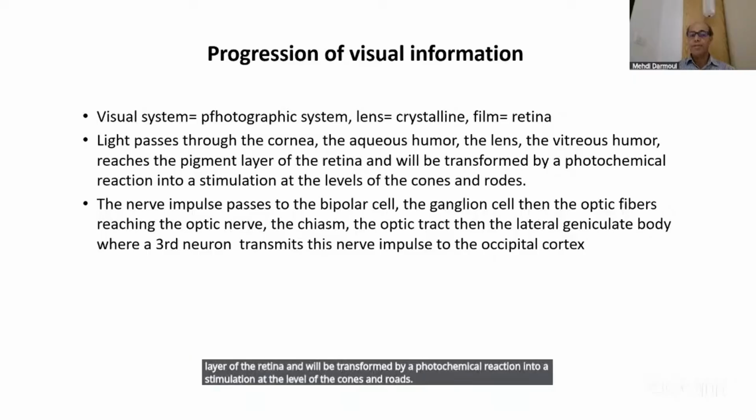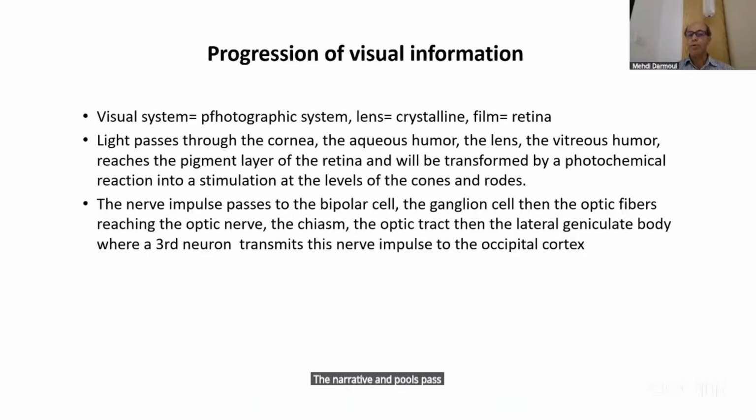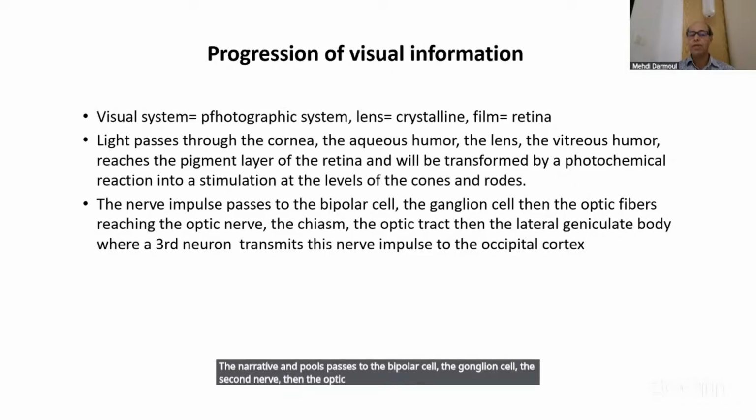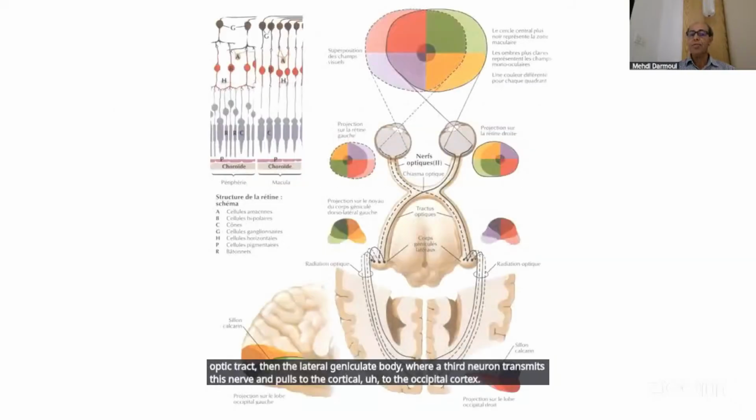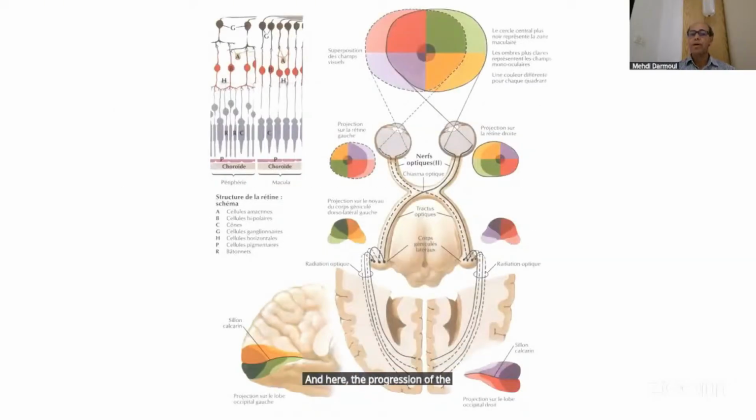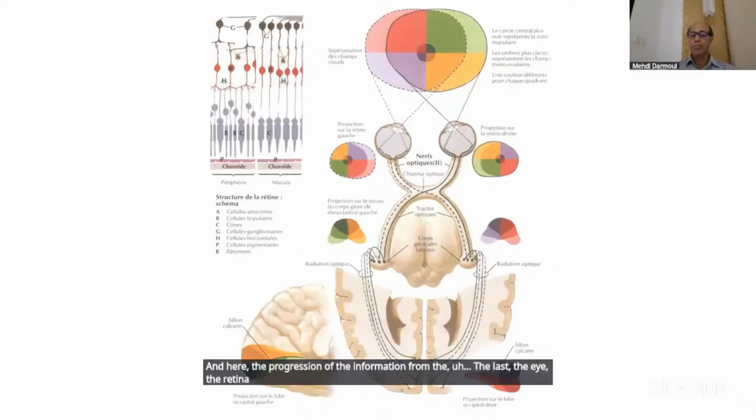The nerve impulse passes to the bipolar cell, the ganglion cell, the second neuron, then the optic fiber reaching the optic nerve, the chiasm, the optic tract, then the lateral geniculate body, where a third neuron transmits this nerve impulse to the occipital cortex. And here the progression of the information from the lens, the eye, the retina to the occipital cortex.